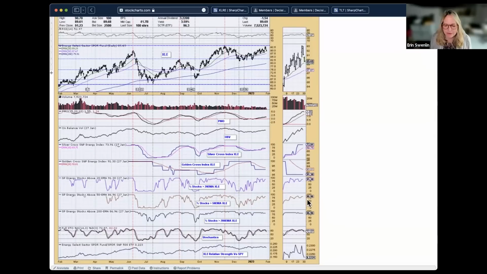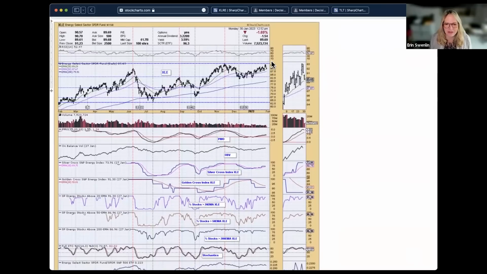So we do have some internal strength under the surface, but we need to watch it very closely. And now that we have that vehicle to play XLE to the downside, ERY, we'll have to pay attention to that because this could form a double top.